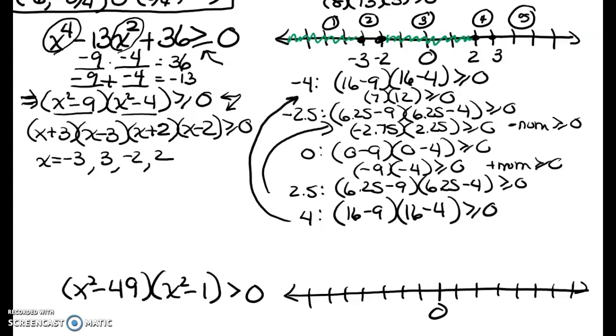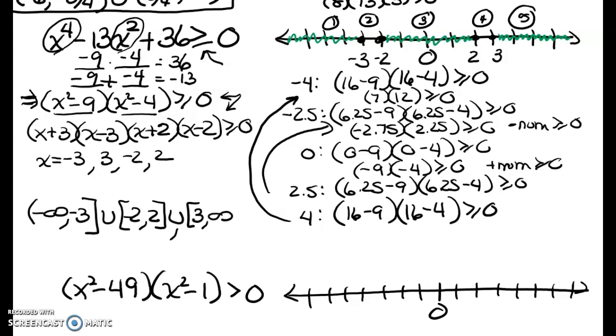That one looks like this one. So that one turned out to be true. So I'm going to shade that in. And when I write interval notation, I'm going to get negative infinity to negative 3 with a bracket. Negative 2 to 2, both with brackets. And then union 3 to infinity with a parenthesis.